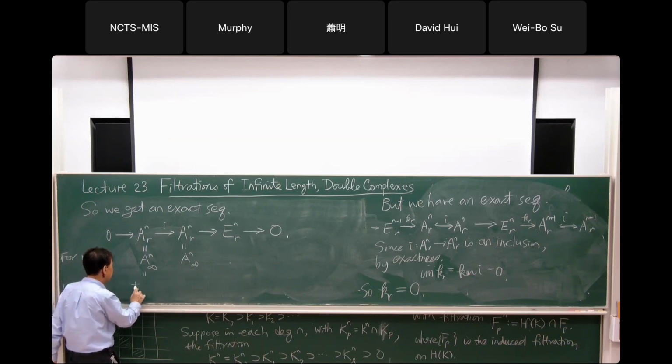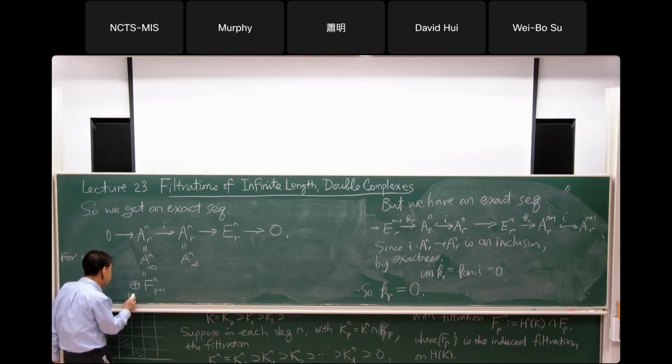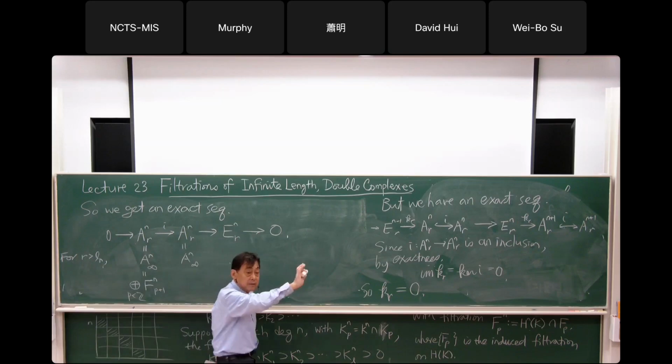So A^n_r is actually the direct sum of these filtration H^n and P plus 1, for all p, you can say p in Z also. It's just that when p is large, it's all 0.